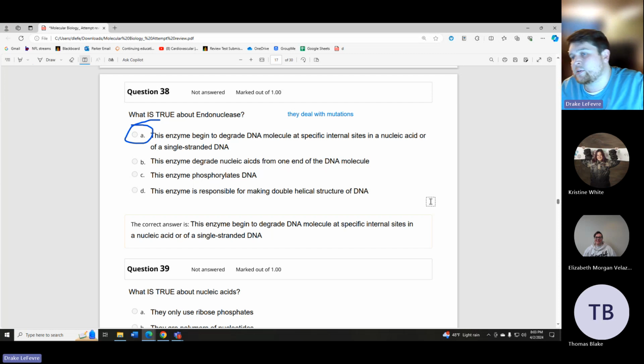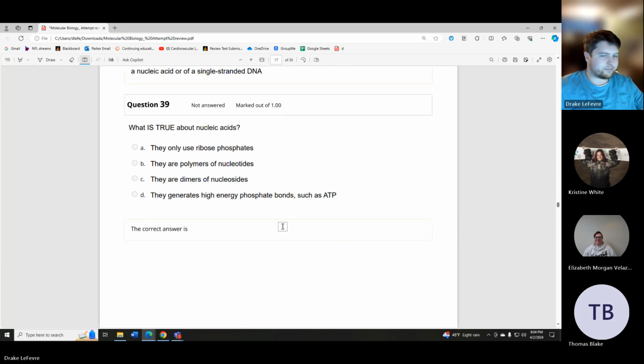An exonuclease would be like if we had a shift mutation, where we accidentally got an extra base pair in there and it made everything off by 1. An exonuclease might come in and run from the beginning and break it all down until it got back to where the mistake is, and it breaks off the mistake, and then the DNA polymerase reruns down to build it properly. So that's the endo and the exonuclease job.